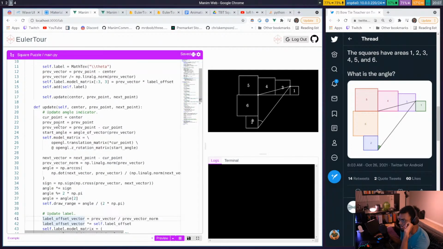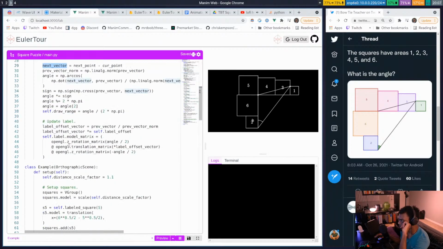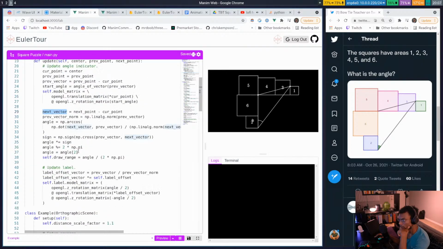And label offset vector. The pre-vector is based on the current point. The next vector is based on the current point. Basically it needs to be rotated and translated. And this is translated by the start angle. What is angle here?